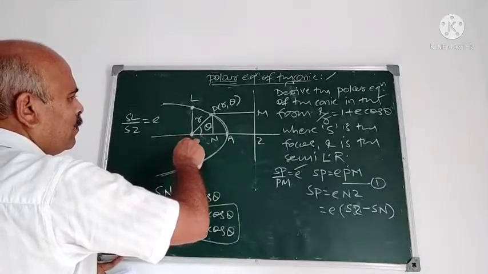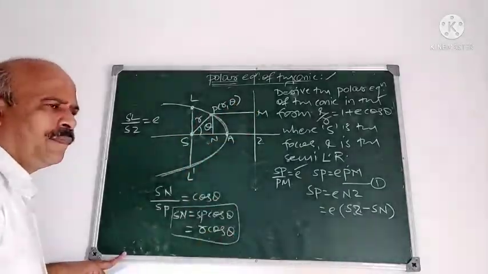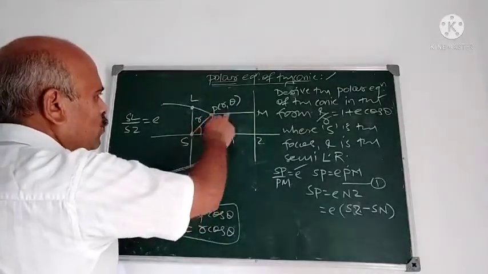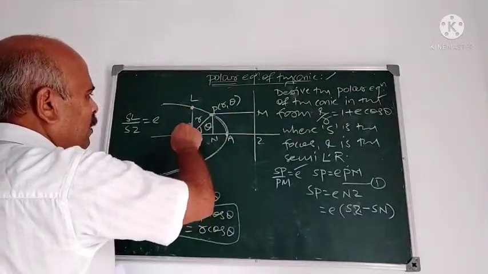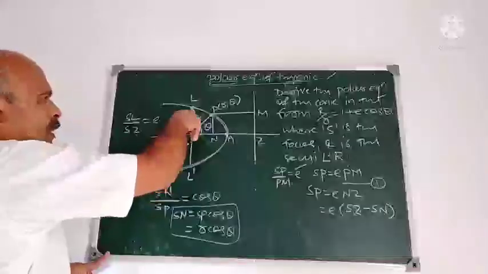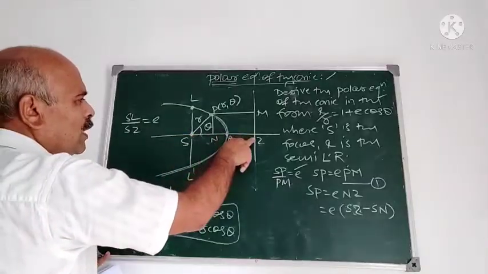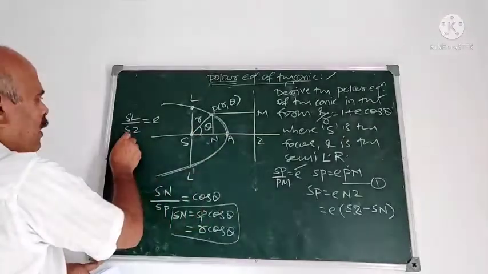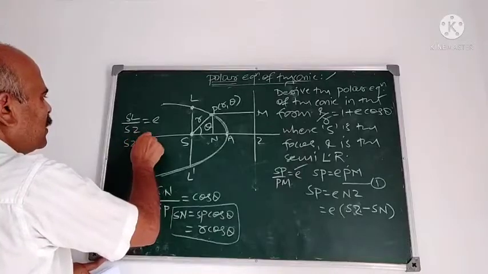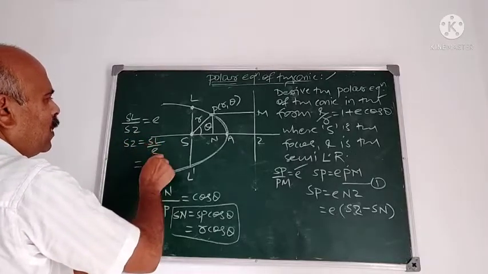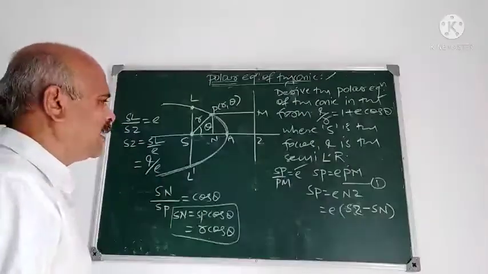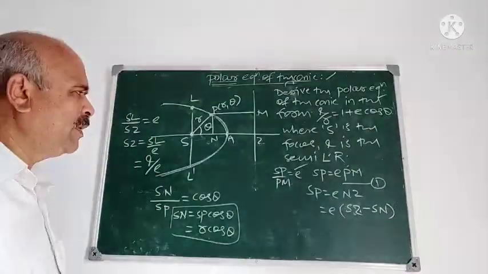It is the same as SP by PM, the ratio of distance of the point from the focus to the directrix. Therefore, SZ is SL upon E. But what is SL? It is given. SL is the semi-latus rectum.